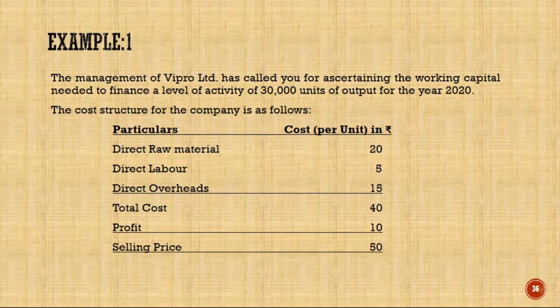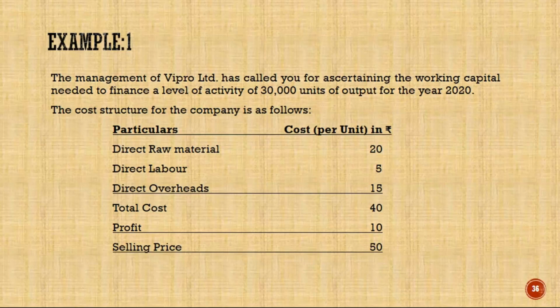So in our first column, you can see all the expense heads are mentioned, that is direct raw material, direct labor, direct overhead. And against it, you can see cost given in rupees 20, then 5 and 15.